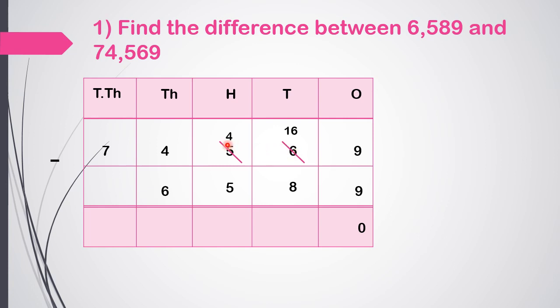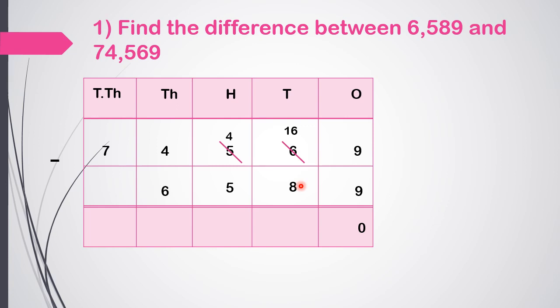Here 5 gave 1 to 6, so 5 becomes 4. 5 minus 1, 4. The same way, whenever we borrow, that number gets 10. So here 10 plus 6, 16. So now we are going to find out 16 minus 8.